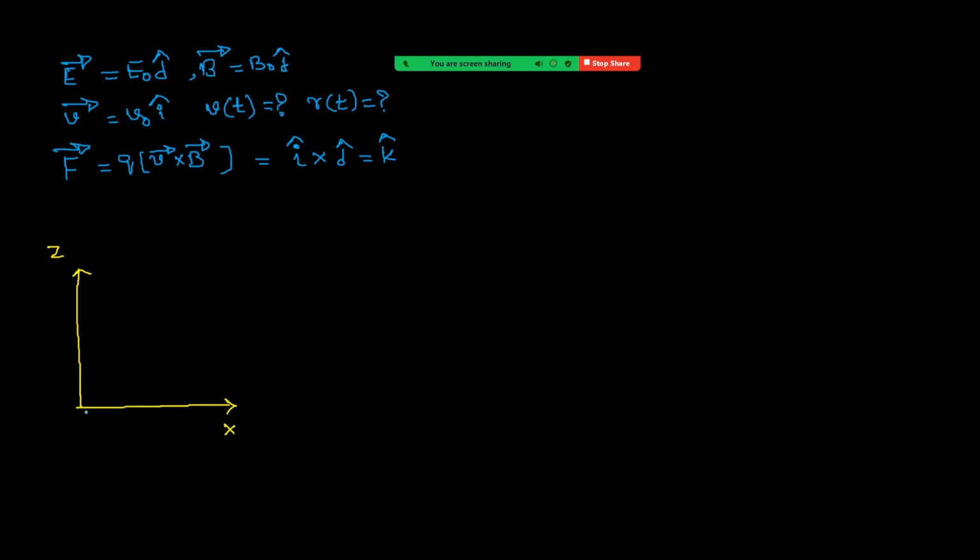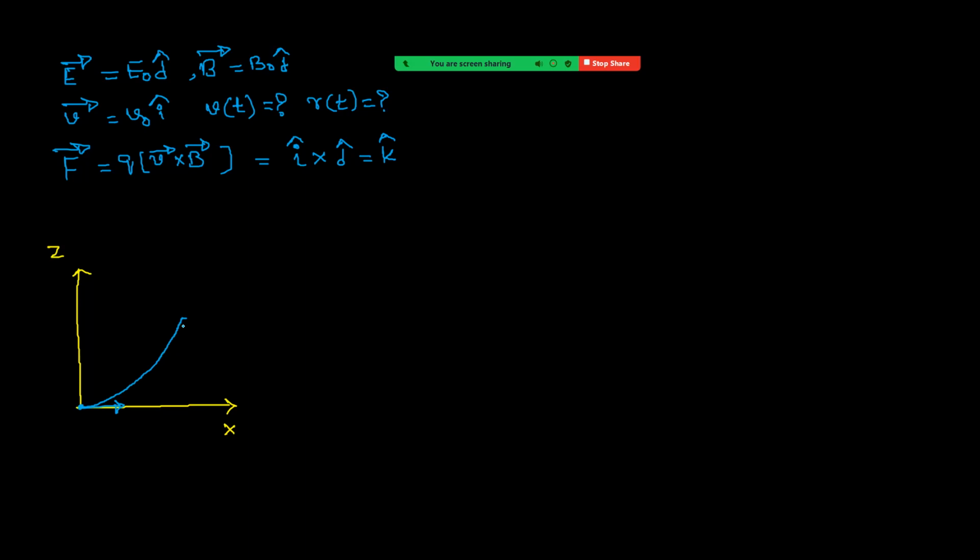So motion is confined to the xz plane. Velocity vector is along the x-axis. Now the path follows a circular path. It is uniform circular motion. Now see what we can say.